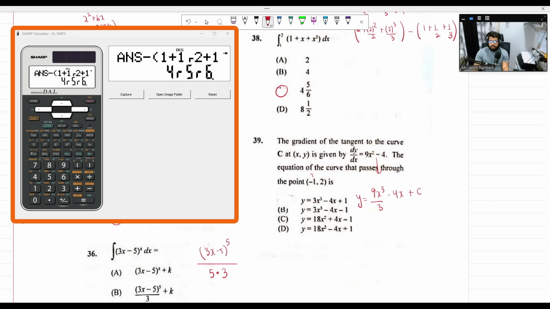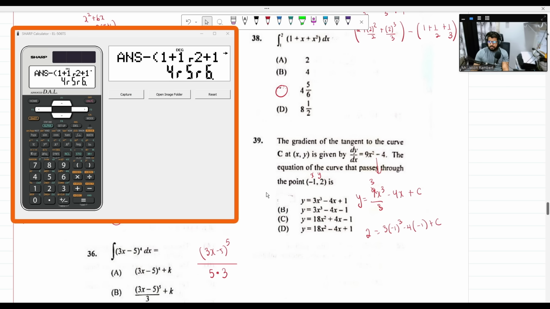So when x is minus 1, y is 2. So I'm going to get 2 is equal to 3 into minus 1 cubed minus 4 into minus 1 plus c.